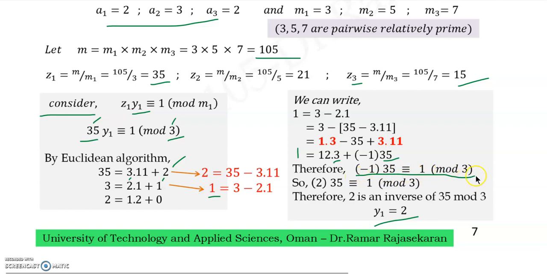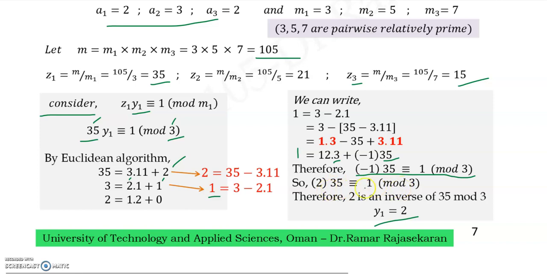So now see, from this how do we write it? I can say the inverse of 35 is minus 1. Suppose I want the positive one, 0 less than or equal to x less than or equal to 3. So what I'm writing here, with this minus 1 I add 3. So that I will get 2 multiply 35 congruent 1 modulo 3.